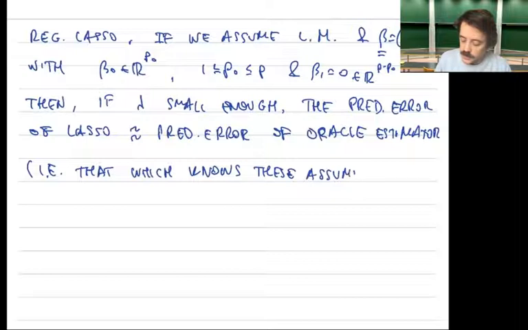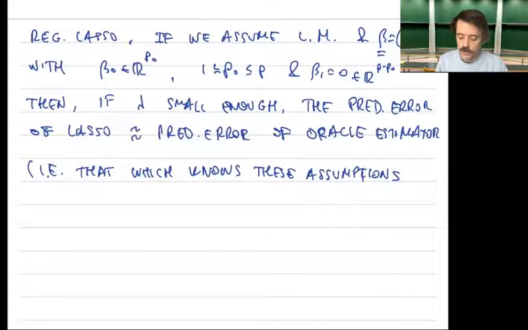So it knows that we're assuming that the linear model is true, and that there are only p naught non-zero coefficients, together with the actual value of p naught.